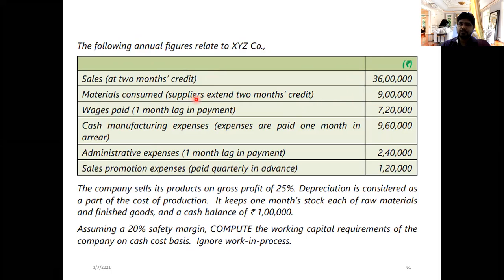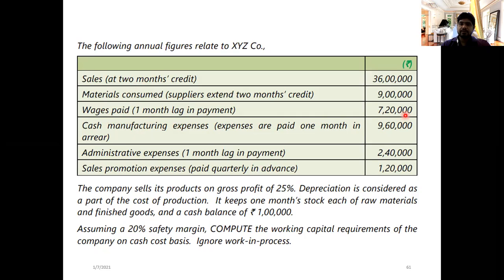So when we purchase material, suppliers have granted us a 2-month period to settle the amount. When we make sales on credit terms, we allow our customer 2 months to settle the money. And the wage in regard to the direct labor, we settle the labor charge in 1 month.